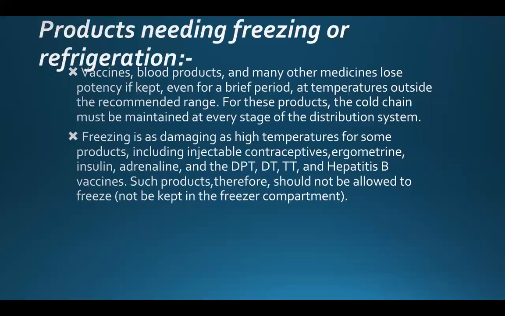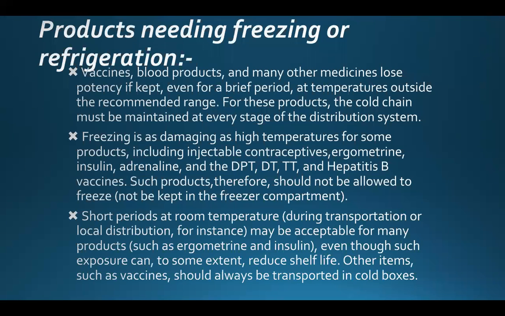Similarly, if the drug is exposed to higher temperature or to lower temperature, in both conditions the efficacy is deteriorated and the stability is altered, so it is not fit for human consumption. A short period at room temperature during transportation or local distribution may be acceptable for many products such as ergometrine and insulin, even though such exposure can to some extent reduce shelf life.